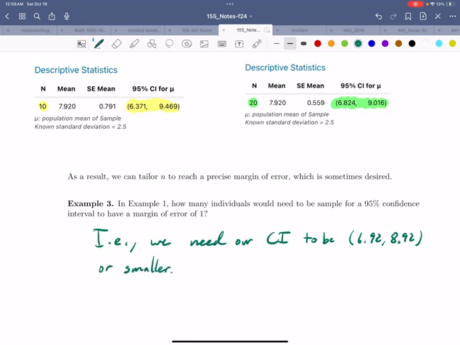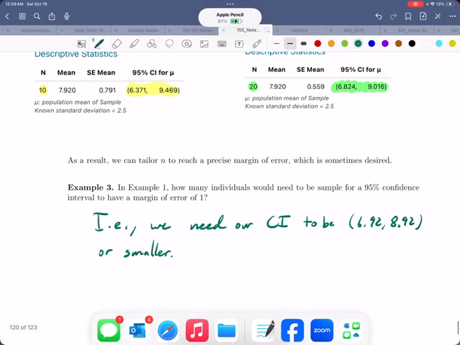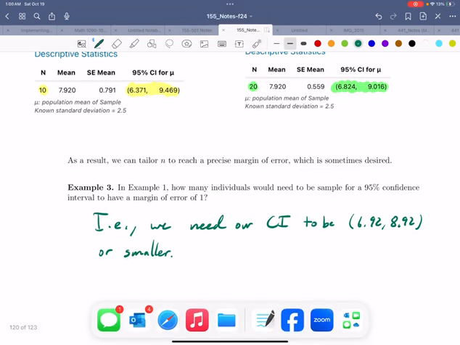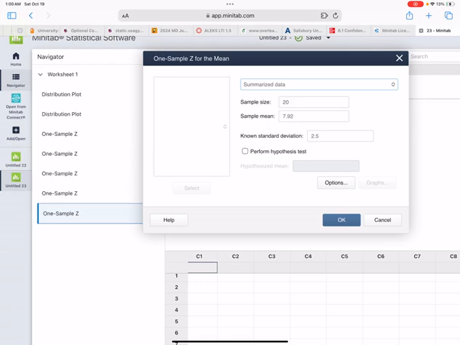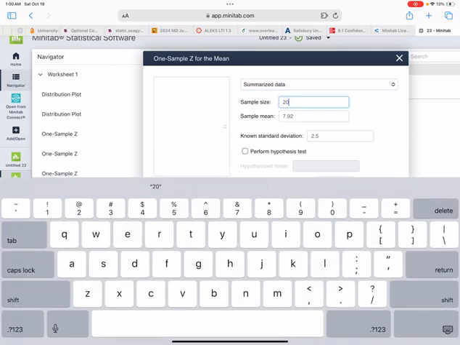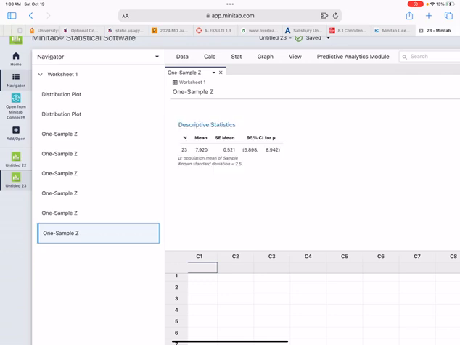Now, one way you could do this is you could just guess and check, right? We go back into Minitab, and we get 6.824. Oh, that's not as good as 6.92, right? So we want 6.92, 8.92. So we go back in here and say, maybe instead of 20, we could try 23. And then, oh, that's close, but not quite.